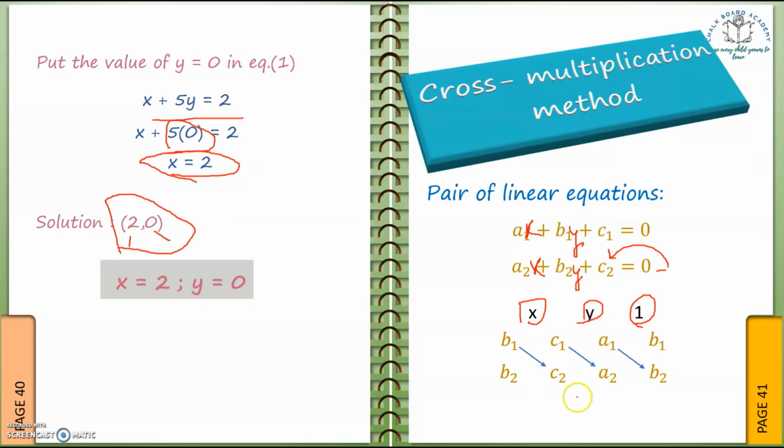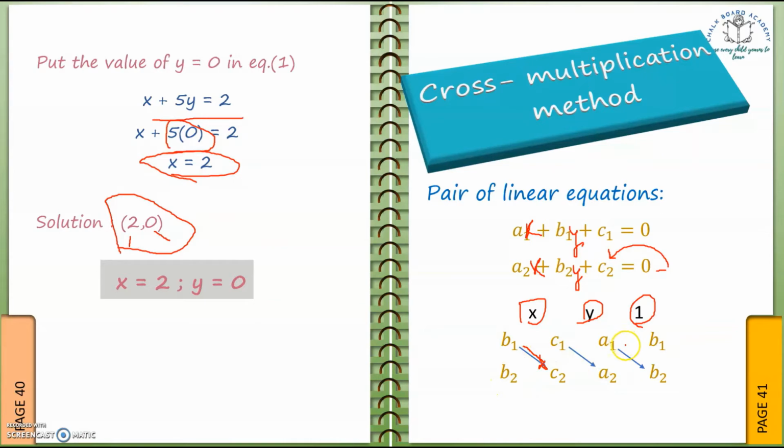Moving forward, we will be starting from here. We have placed b1 and then here b2, then c1, c2, a1, a2, then b1, b2. Now I have used this arrow only here. Why did I use only one arrow when we are going to do cross multiplication? To remember the direction. First we are going to multiply b1 by c2, then we will subtract b2 multiplied by c1.